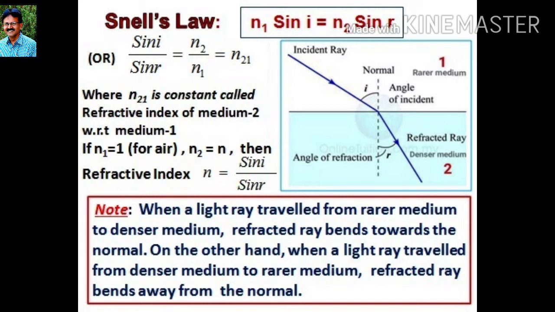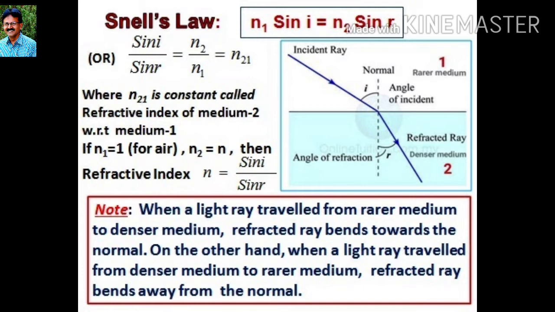When a light ray travels from a rarer medium to a denser medium, the refracted ray bends towards the normal. On the other hand, when a light ray travels from a denser medium to a rarer medium, the refracted ray bends away from the normal.